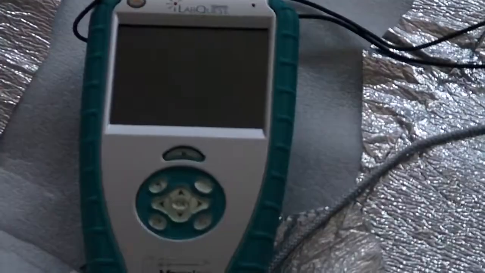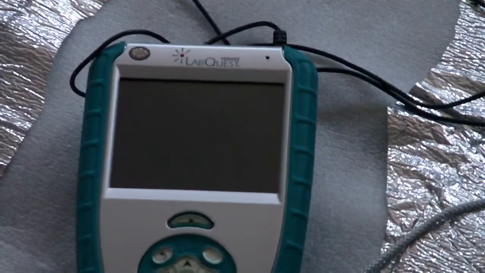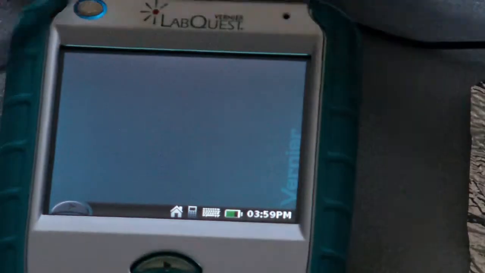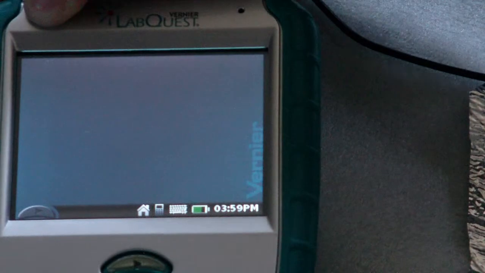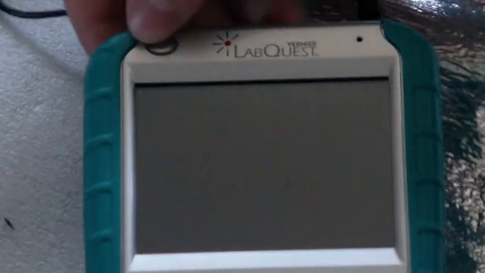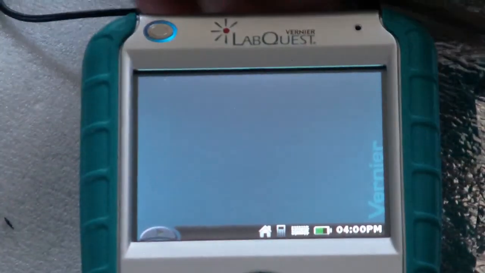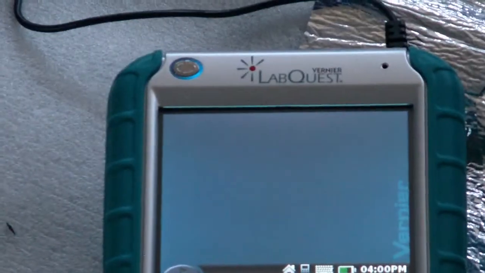And now we're just going to zoom in, and we're hoping it will focus. We'll just turn the calculator on right now. It will load right now. As you can see, it's turned off. Once we turn it on, it just takes a little bit of time to load.